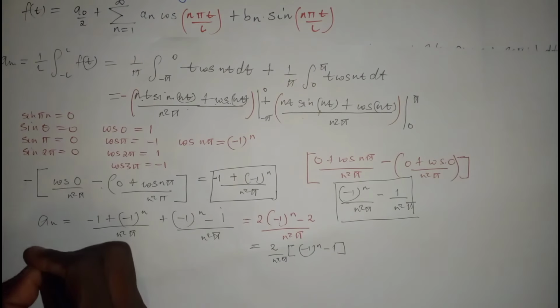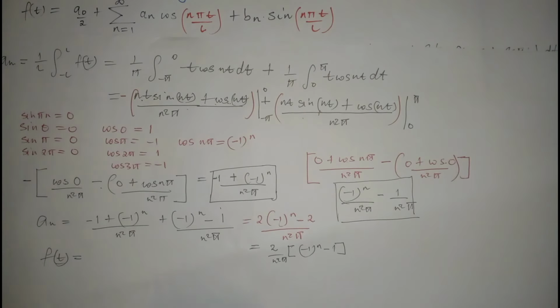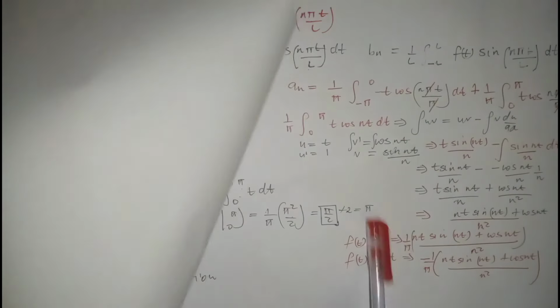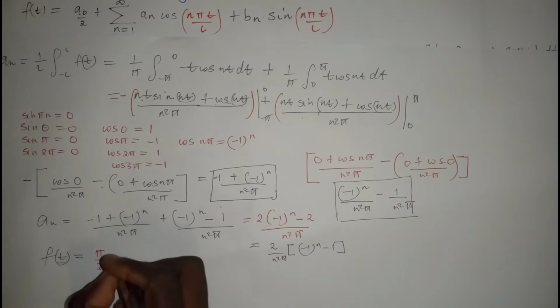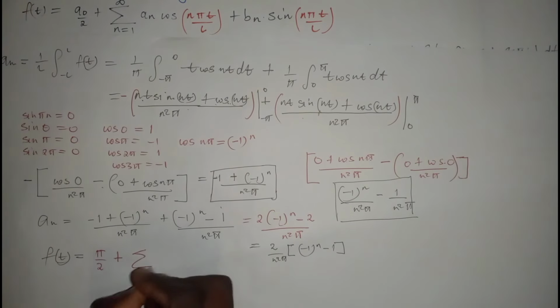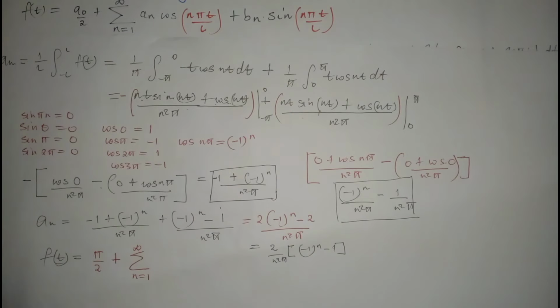Okay. So now I'm going to say f of t is going to be equal to a naught. We said it's pi, so let us write it as pi over 2, plus this summation from n equals 1 up to infinity. For an, what do we have for an?